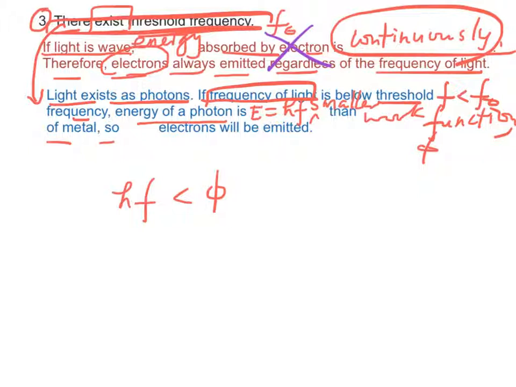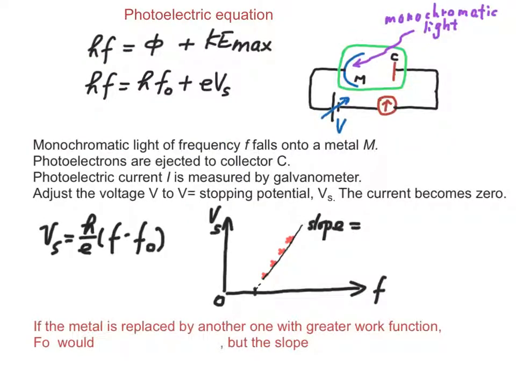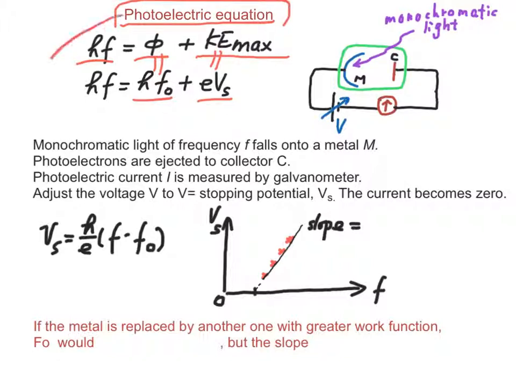Therefore, no photoelectrons will be emitted. You have learned that the photoelectric equation is hf equal to phi plus maximum KE. Since work function phi equals hf naught and maximum kinetic energy of photoelectron equals eVs, the photoelectric equation can be rewritten as hf equal to hf naught plus eVs.